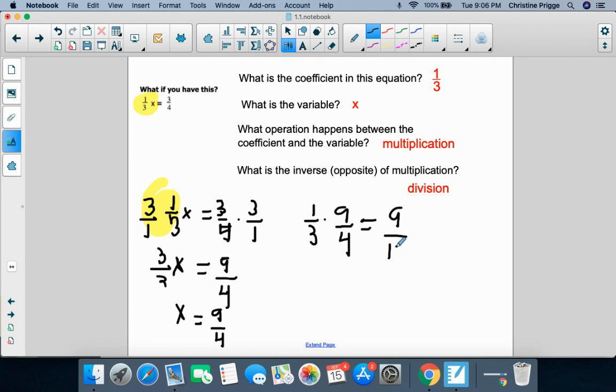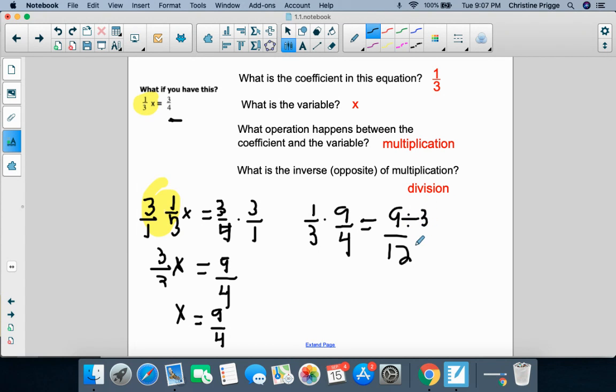Well, wait a minute. It says it's supposed to be equal to 3/4. Is it? This is a reducible fraction. Both the 9 and the 12 can be divided by 3.